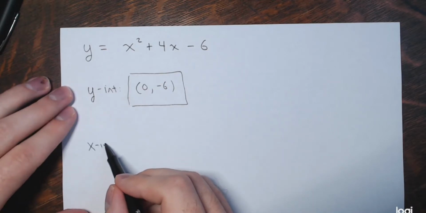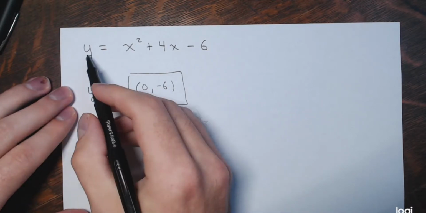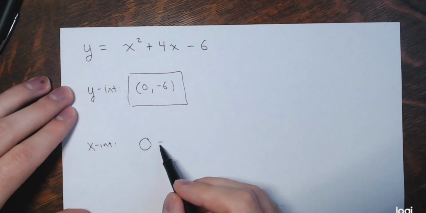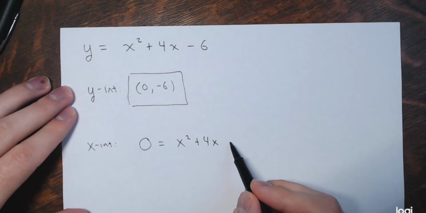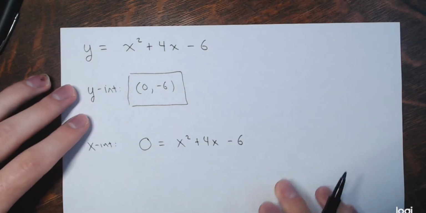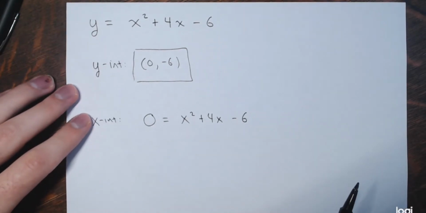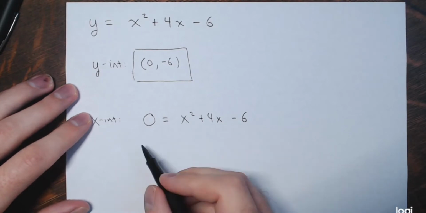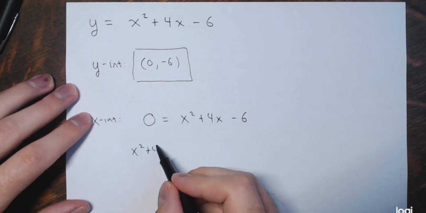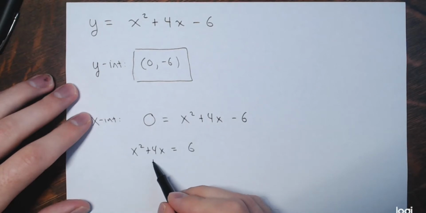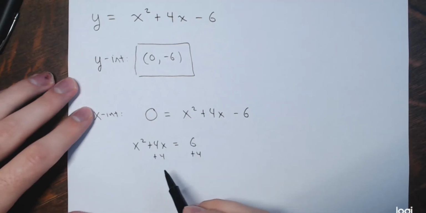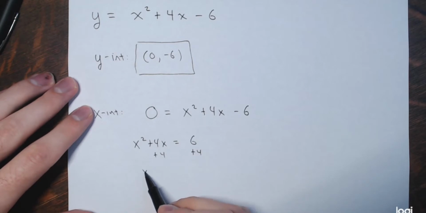Then the x-intercepts, I'm solving this equation. I put in 0 for y. We get 0 equals x squared plus 4x minus 6. This one I'm going to solve by completing the square. You can use the quadratic formula, but this would be x squared plus 4x equals 6, adding 6, and then I would complete the square by adding 4 to both sides. And this is x plus 2 squared equals 10.